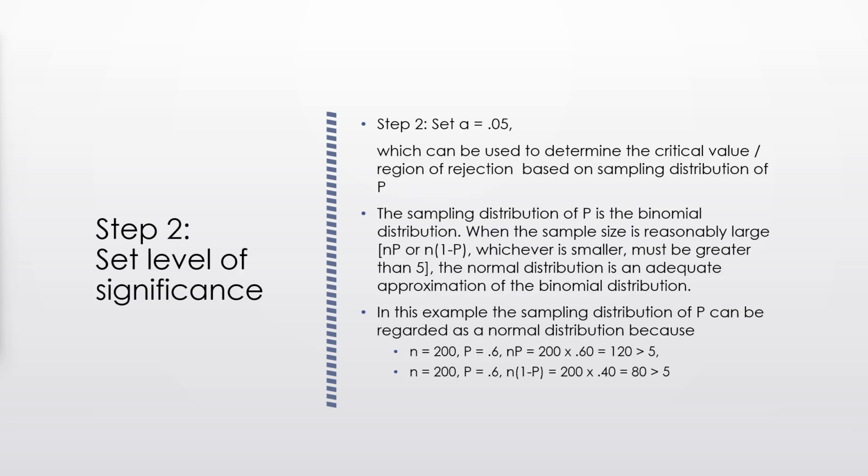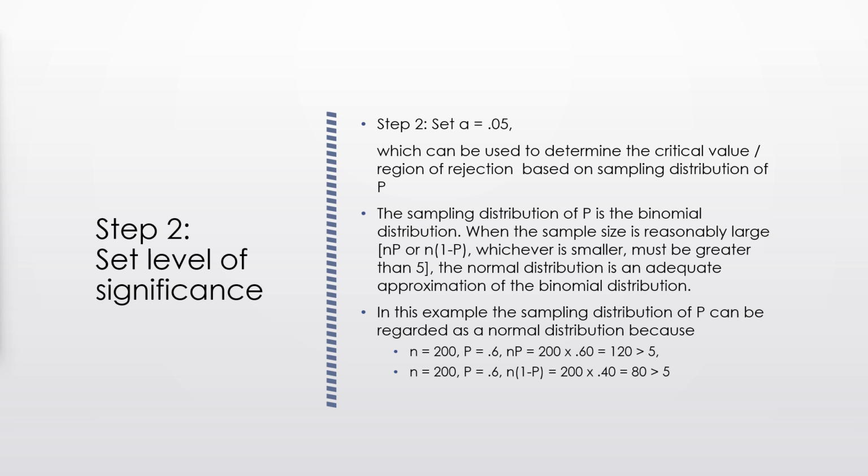In step 2, let's go with alpha equals 0.05. Again, please know that the sampling distribution of the proportion is a framework. If we were to take all random samples of 200 students from the university population, and each produced a proportion of support, all the proportions would form a sampling distribution.